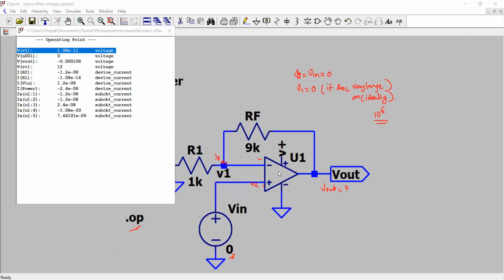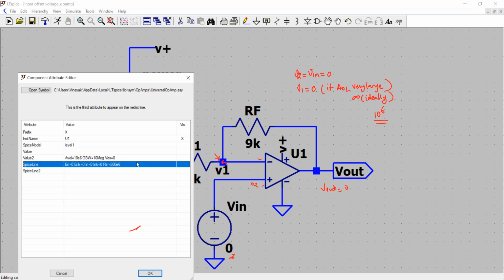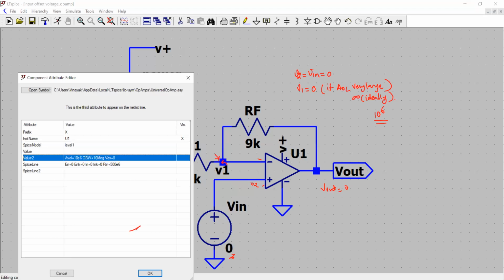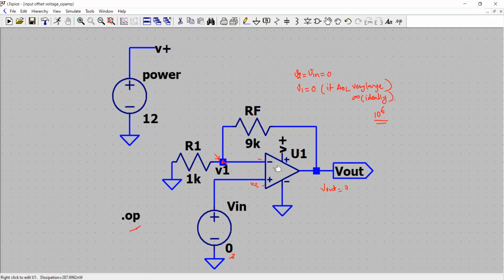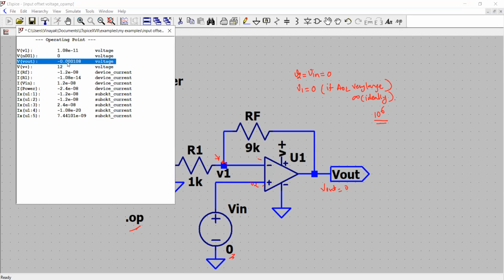So let's right click here, and we have this output offset voltage set to be 0 volts here, right? So that's not the output offset voltage, it's the input offset voltage. So if that is the case, we see that we have the output voltage close to 0. Basically, we don't have any output voltage. It's about just 0.1 volt.